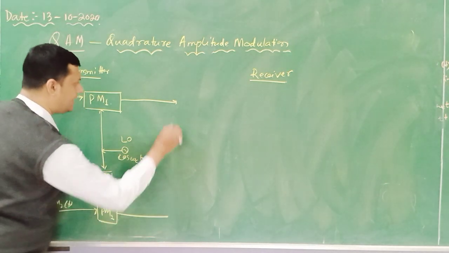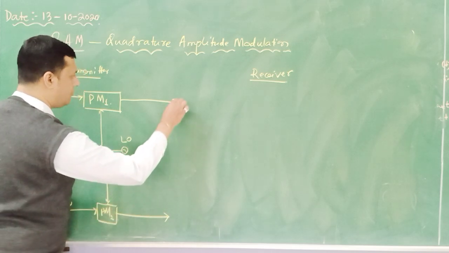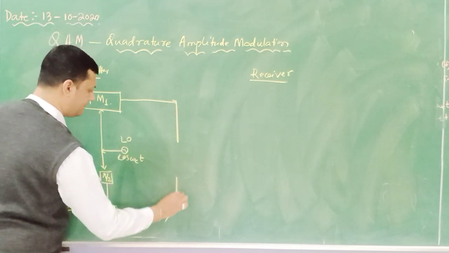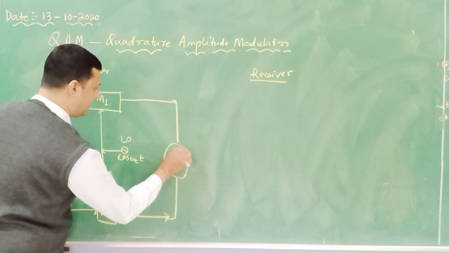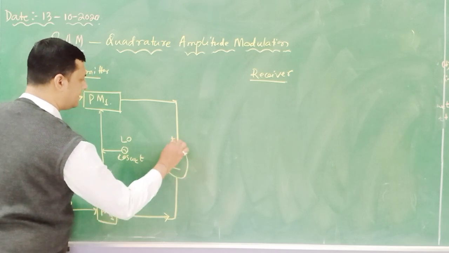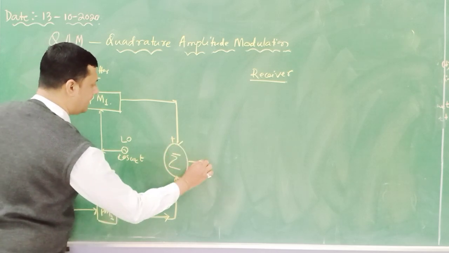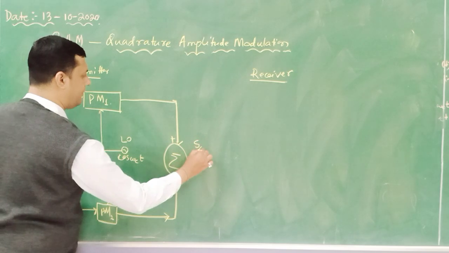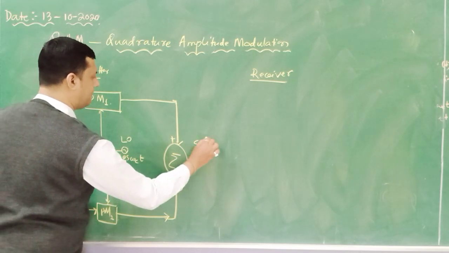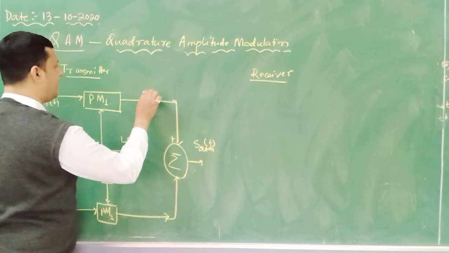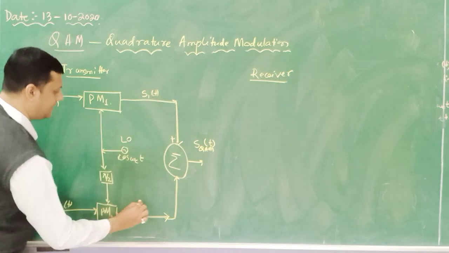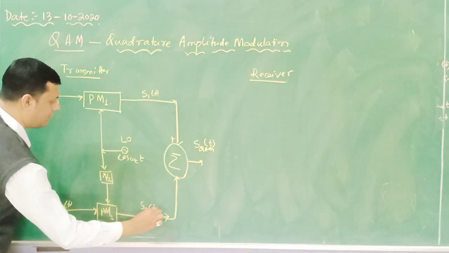And these modulated waves we are going to add with the help of a summer. And this is QAM. This is one modulated signal and this is the second modulated signal.